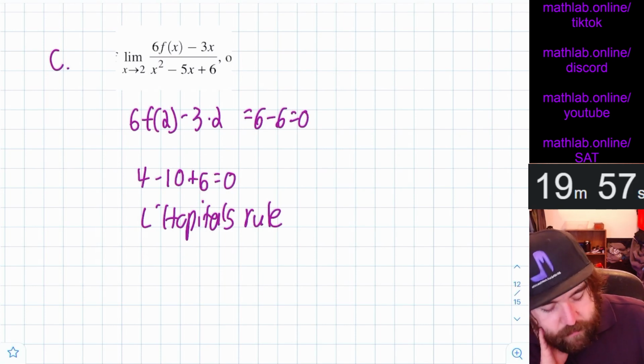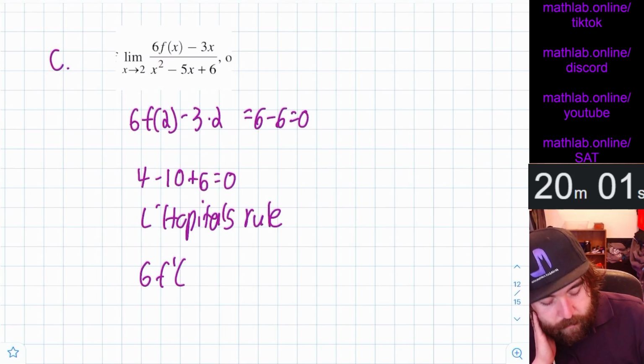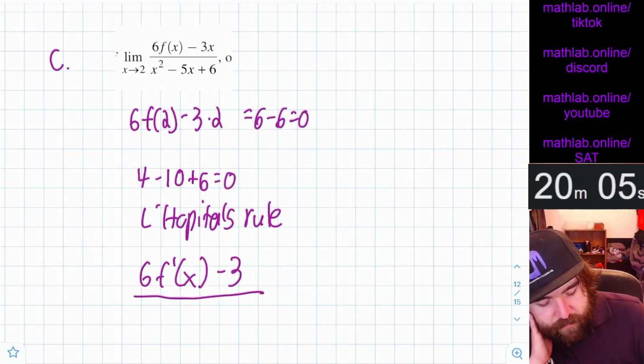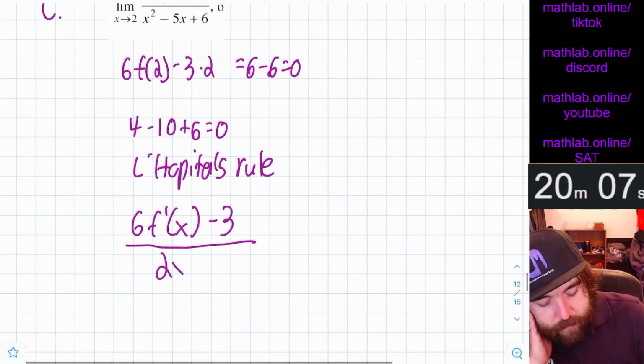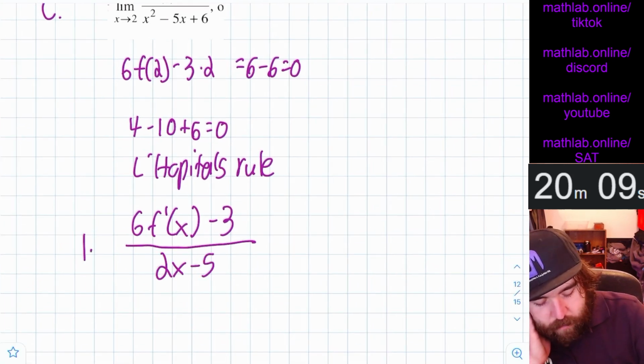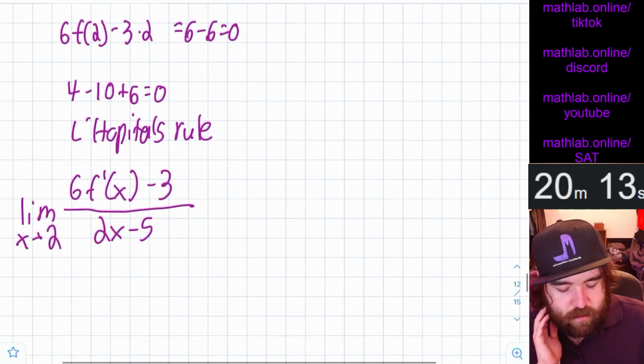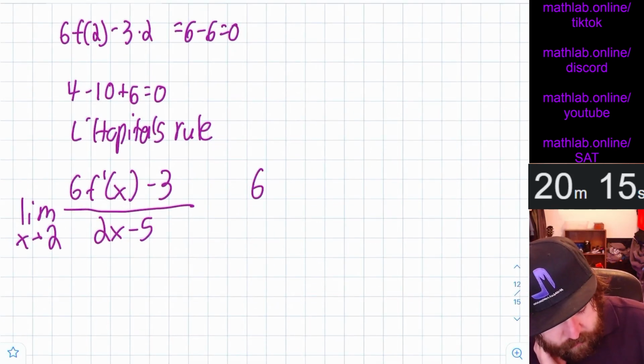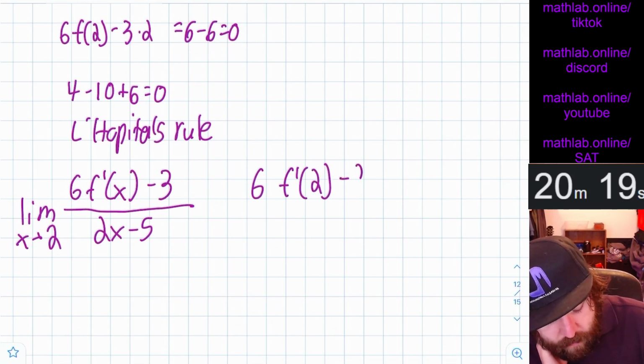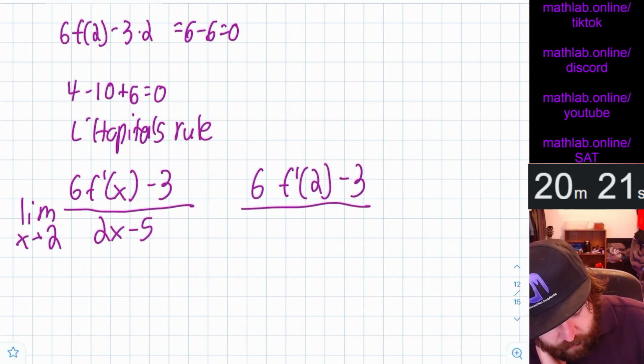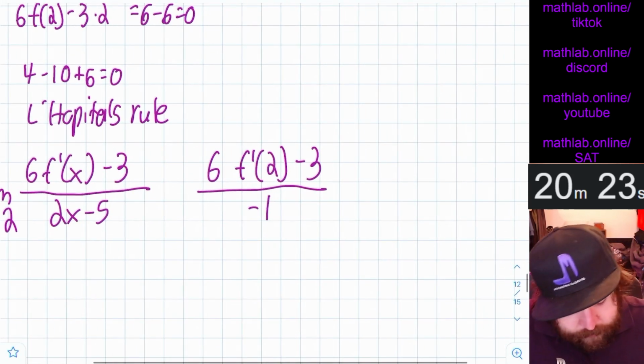And then that means we need to take the derivative of the top and the derivative of the bottom. So it's going to be 6 f prime of x minus 3, that's the derivative of the top, and the derivative of the bottom, 2x minus 5. And we're finding the limit of the same thing. And look, now we can find the limit because we can just plug it in. So we're just trying to do 2 times f prime of 2 minus 3 over negative 1.